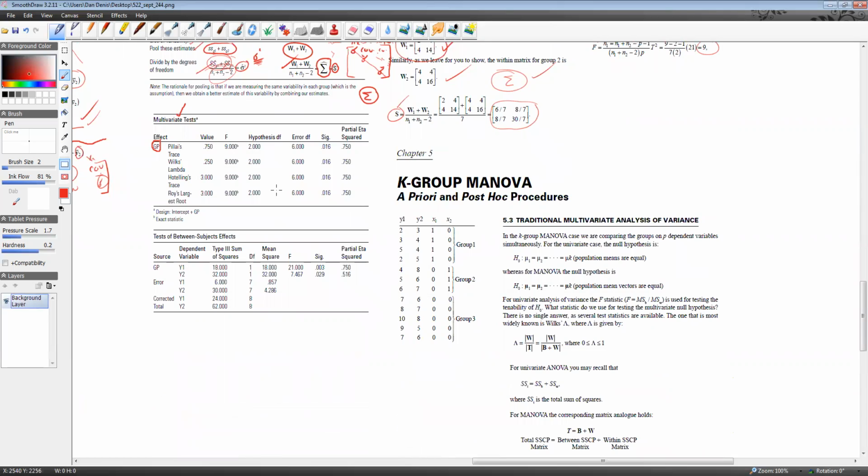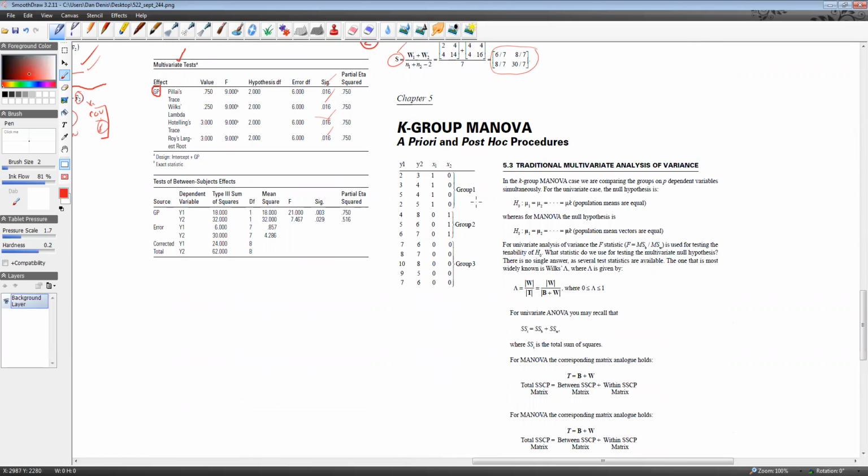So this is on the combination of dependent variables, are there mean differences? And in this case, all tests are reporting p-values that suggest there are differences. What do we see below here? We see univariate tests. So here we have the multivariate up here, and here we have the univariate tests for each response variable, each dependent variable separately, y1 and y2.